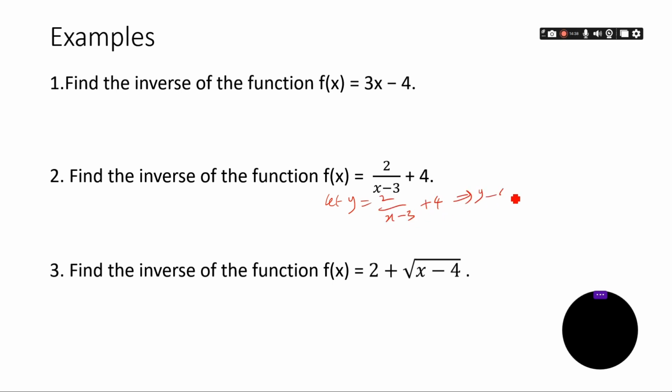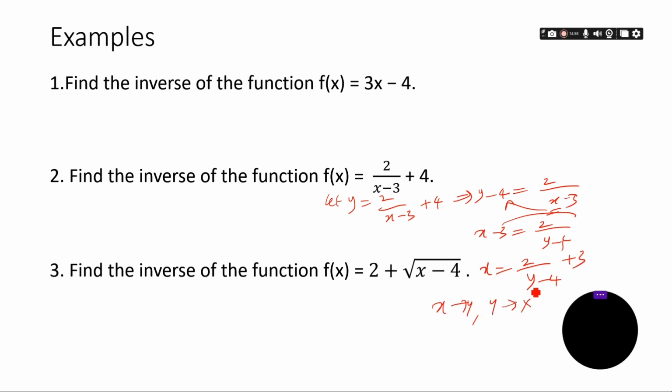We need the x value, so y minus 4 is equal to 2 over x minus 3. We need the x value, so x minus 3 is swapped. We need only x on one side, so minus 3 on that side becomes plus. So next step 3: where x is written, write y, and in place of y write x. This is the inverse of x.